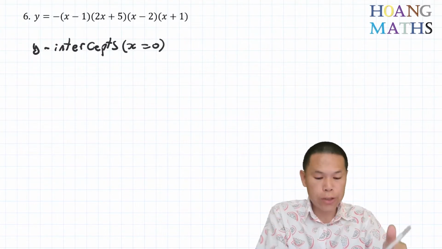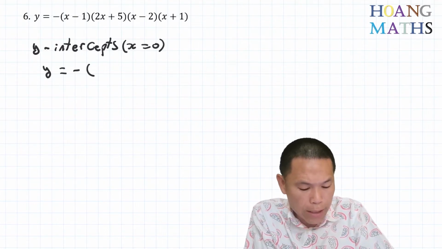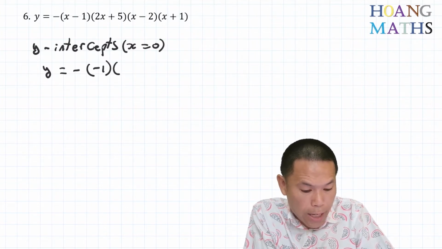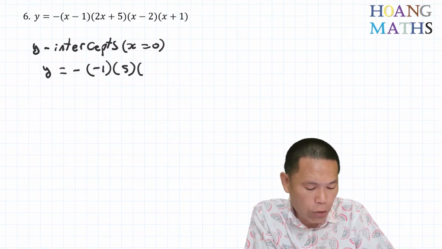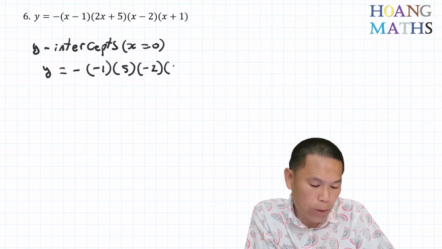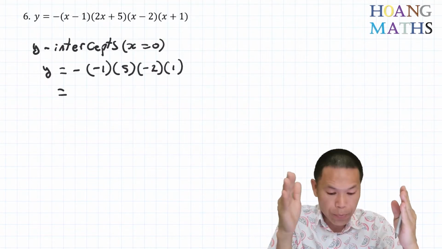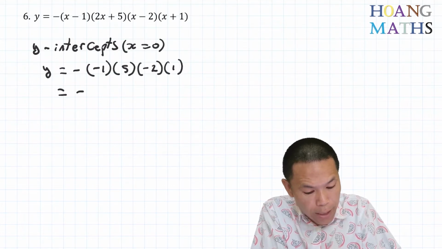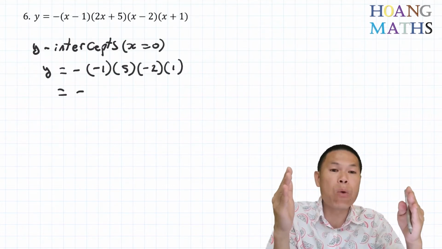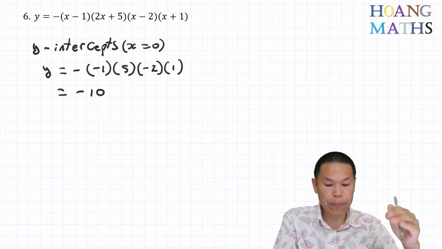So when x equals 0, y is equal to negative, 0 minus 1 is negative 1, and 0 times 2 is 0, so that becomes 5. And 0 minus 2 is negative 2, 0 plus 1 is 1. And now we just multiply them together. So 3 negatives together, that becomes a negative. And then 1 times 5 times 2 times 1, which is 10. So that is negative 10.